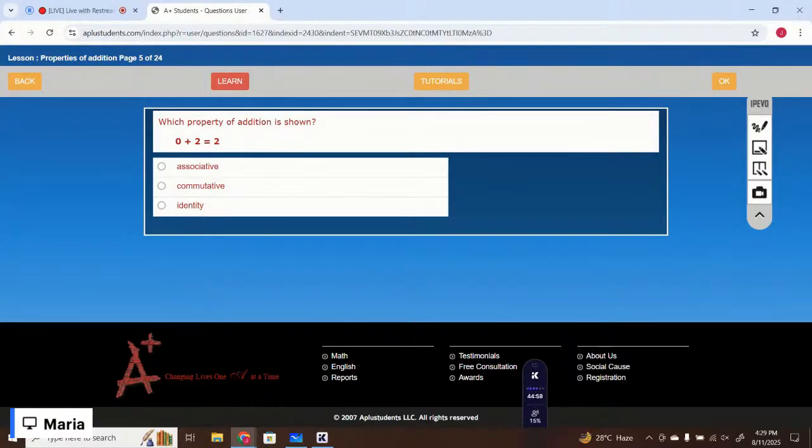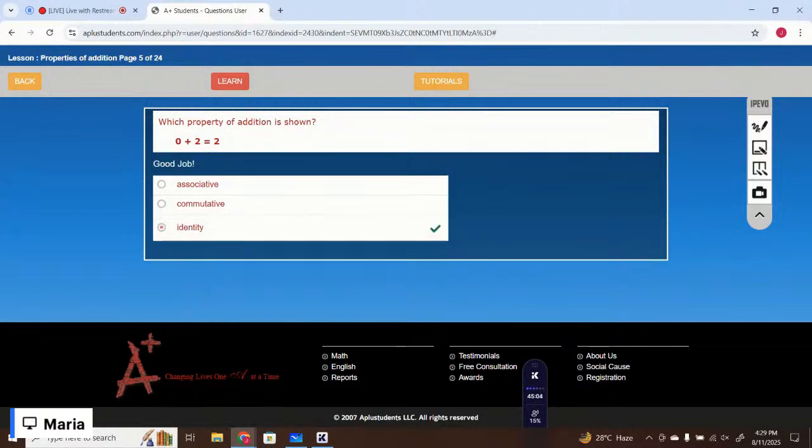Which property of addition is shown? That is the identity property. Do not guess the answers of the correct option.